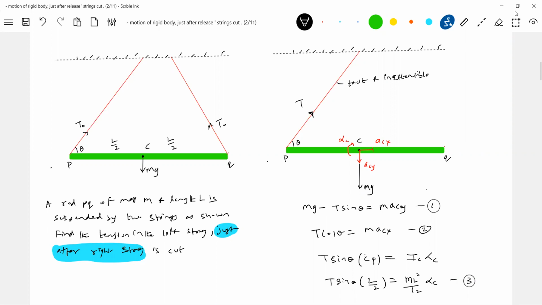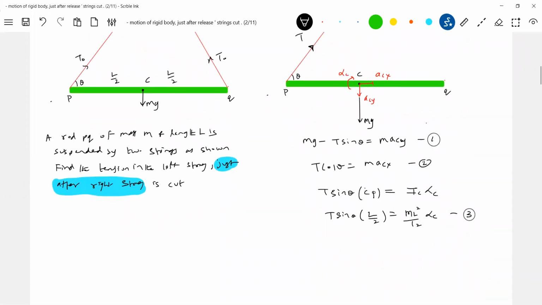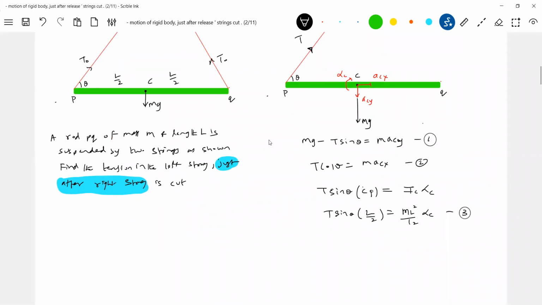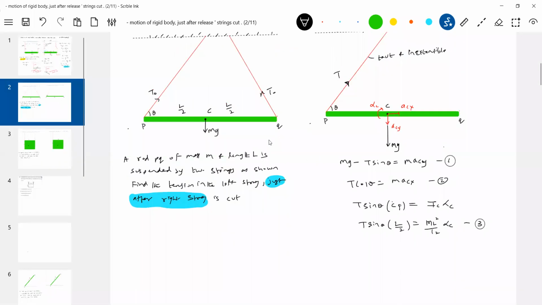What is the tangential acceleration of point P? L by 2 alpha c, vertically down a_cy and a_cx. So I'm going to resolve all. So I'll show it. Let me take this one. So this is the point. This is a string here. So what are the accelerations?